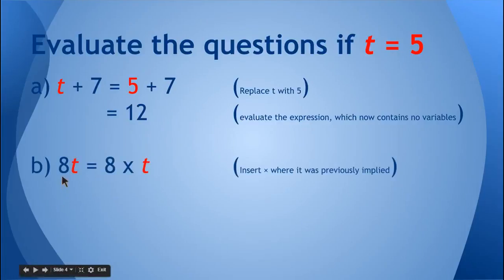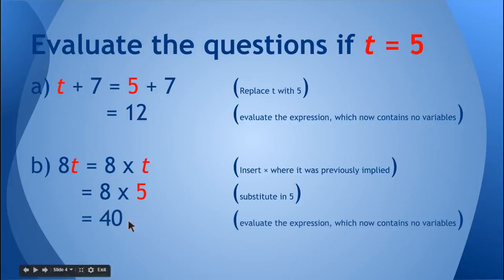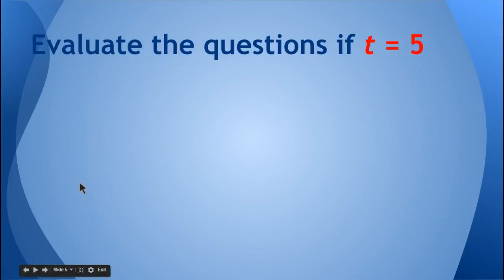Another example: 8t means 8 times t, so we substitute in the 5 for the t, and then evaluate the expression, giving 40. So this is only where t is equal to 5.